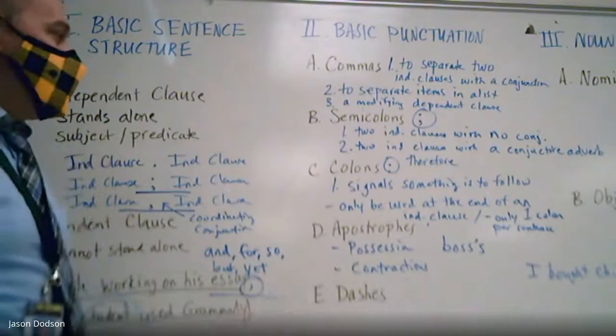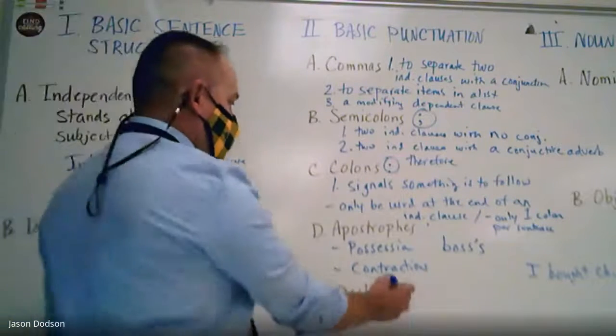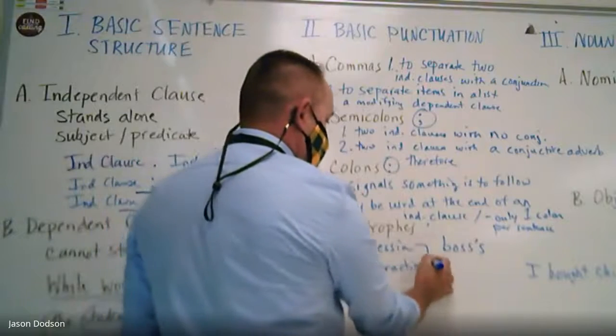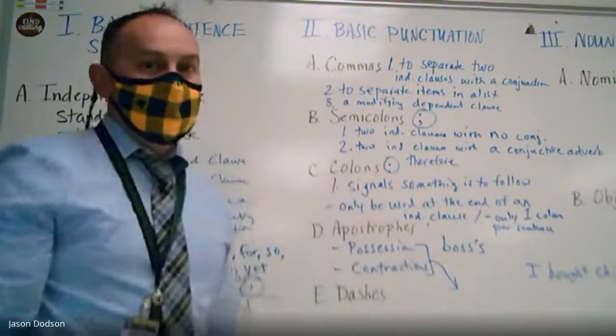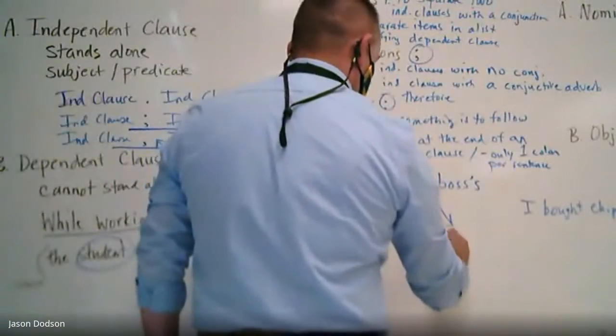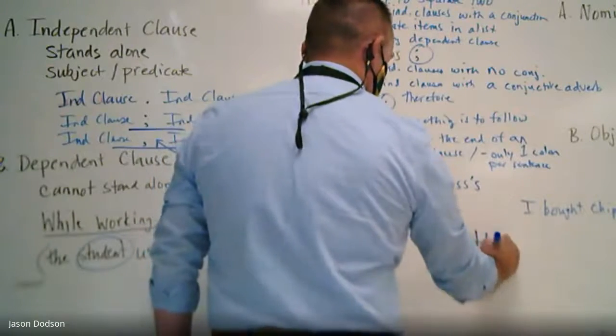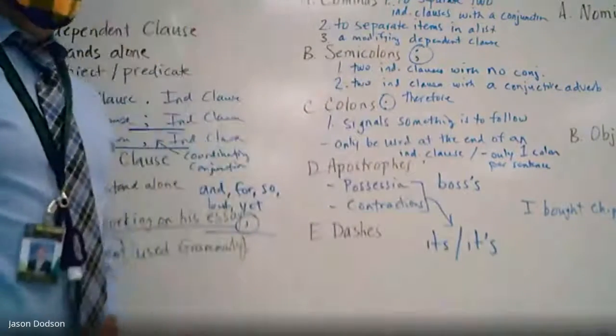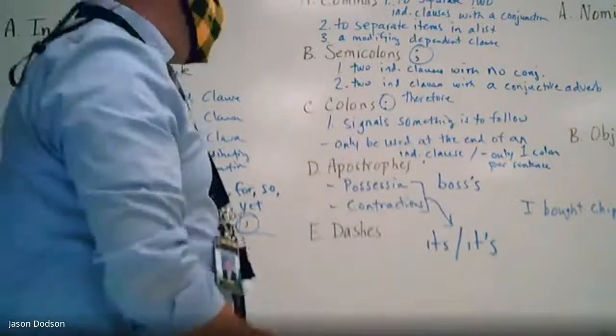Now, where some confusion sets in is when we start mixing possessives with contractions. For example, it's and its. You've got to know the difference. So let's just make sure.